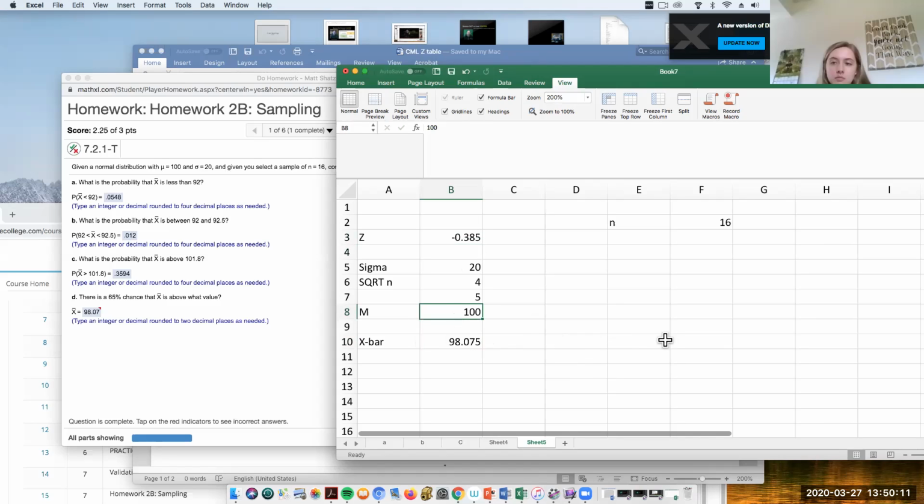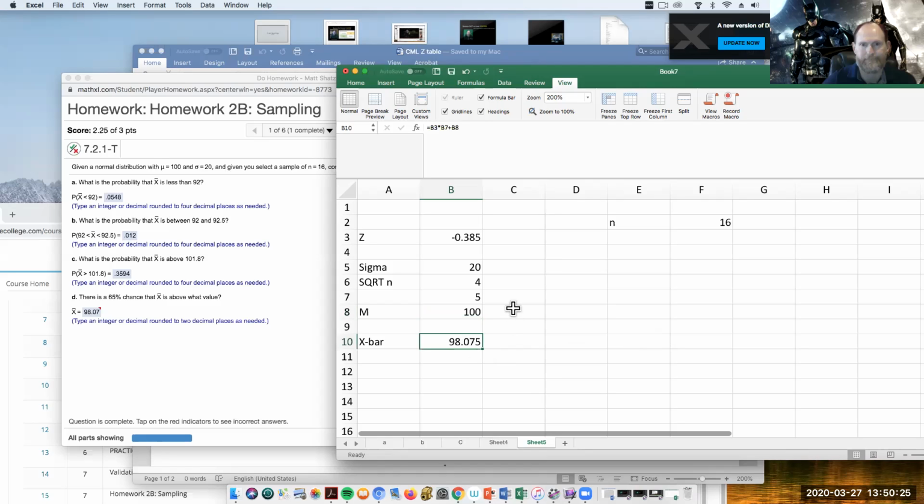So would it work if you just did 0.38? Because if I would have gotten 98.075, I would have rounded up to 98.08 and probably got it. That's where I'm wondering, it might have something to do with how I got that.